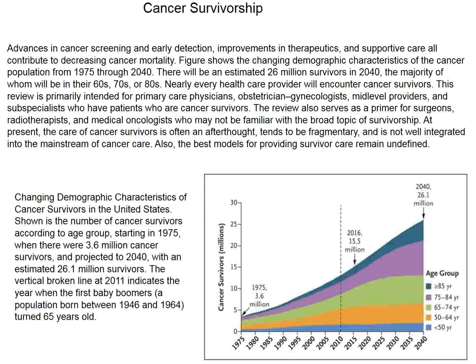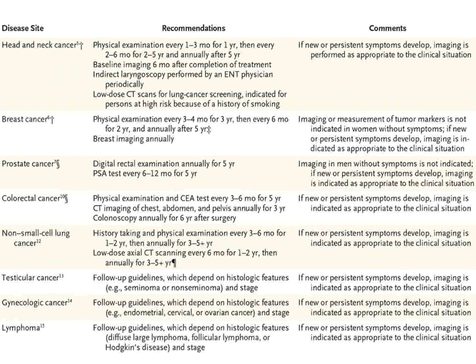The review in the New England Journal concerns how we manage patients after they've been treated for cancer. Since, and this is positive news, patients with cancer are more likely to survive, physicians taking care of them need to know what to do. So the first thing we have to do is imagine what kind of cancer it was.